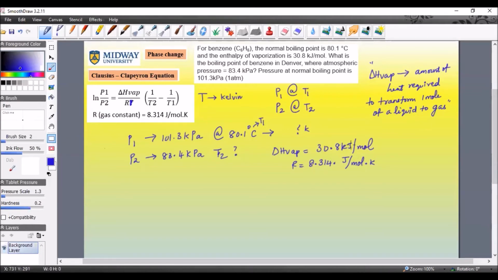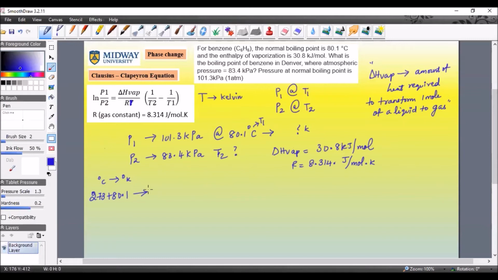Either we convert joules to kilojoules or kilojoules to joules. I always convert joules to kilojoules to make things easier for me. How do we go from degrees Celsius to Kelvin? We take the given temperature, 80.1, and add that to 273.